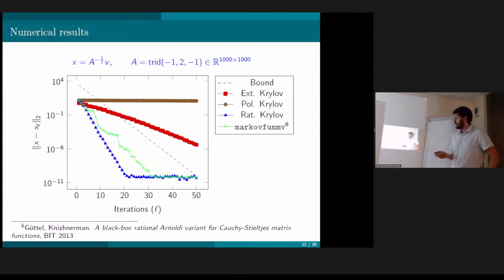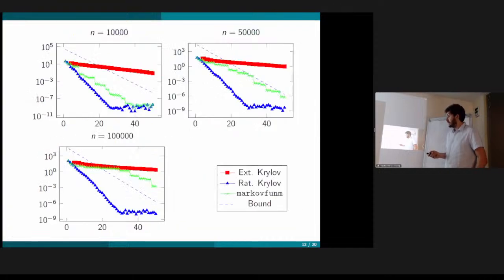So it is a greedy strategy for choosing the poles while creating your rational Krylov subspace. And you see that it seems to outperform it, at least for this problem. And we also try with increasing dimension. We think that the gap, at least for the first iterations, becomes more evident.